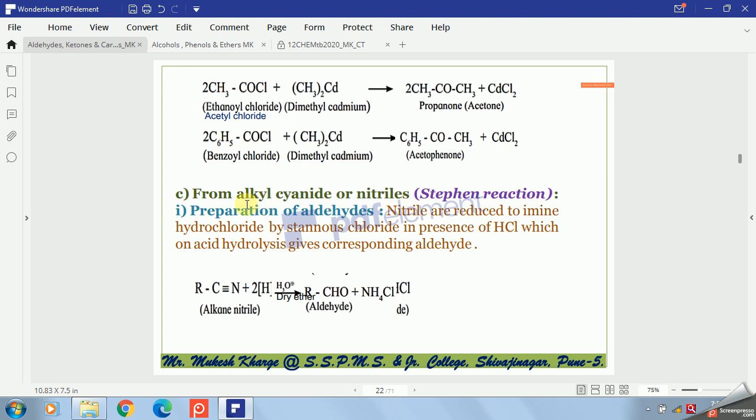Then you can prepare from alkyl cyanide or nitrile.